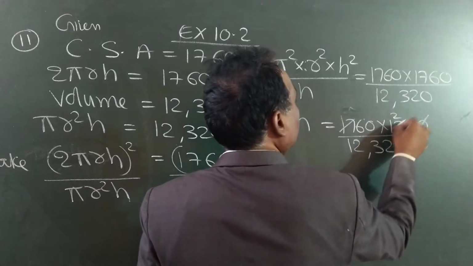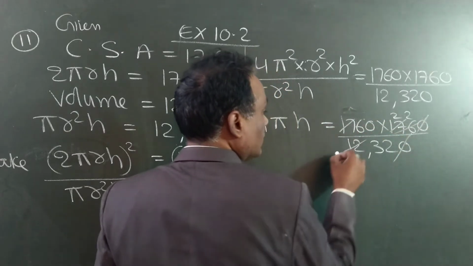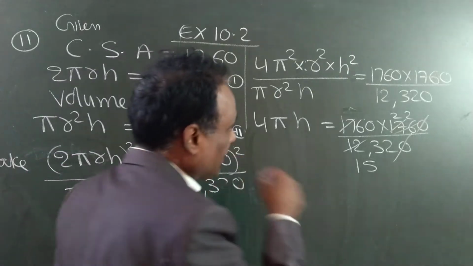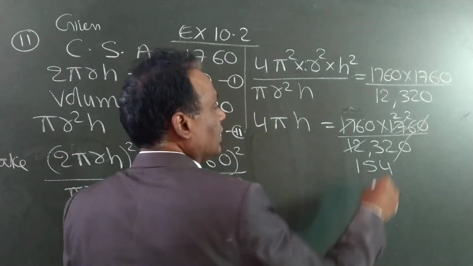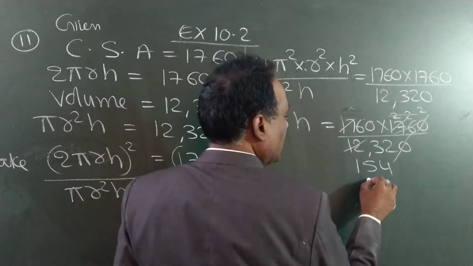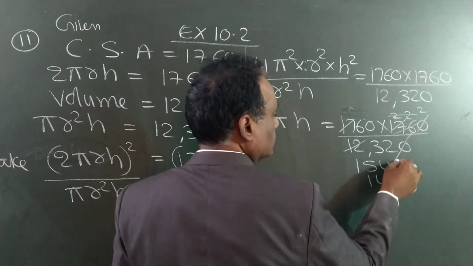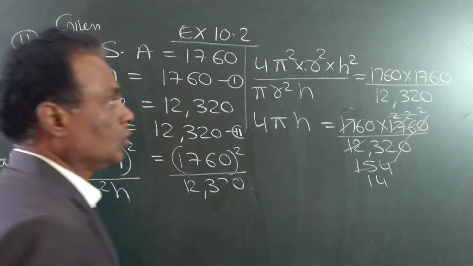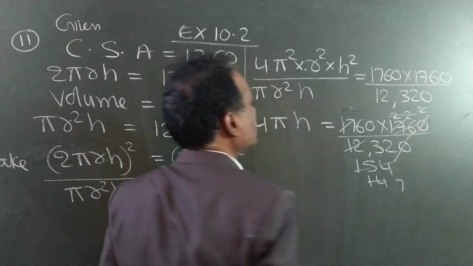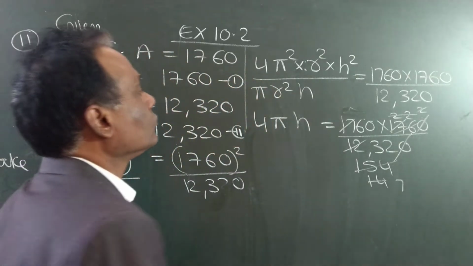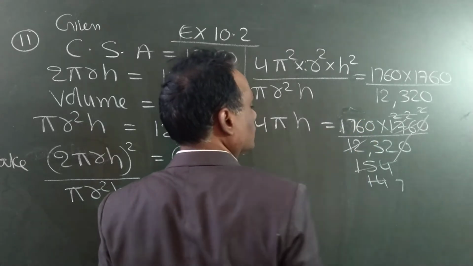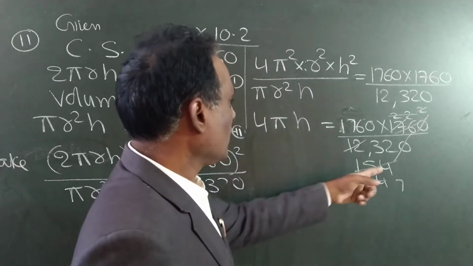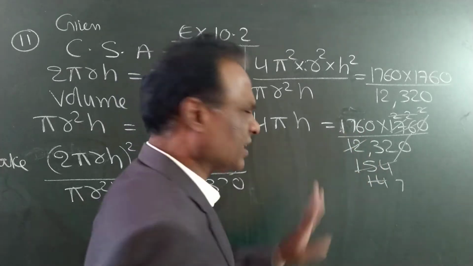I will cancel this. 8 ones are 8, 8 fives are 40, 8 fours are 32, 11 twos are 22, 11 ones are 11, 11 fours are 44, 2 sevens are 14. Okay, leave it there.